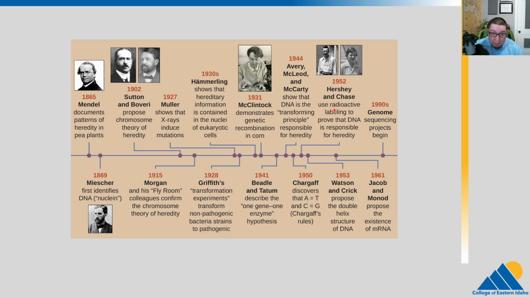Hershey and Chase figuring out, yes, DNA is indeed the genetic material, Avery, MacLeod, and McCarty were right. And Watson and Crick proposing their structure for the DNA double helix. We're not going to talk about this one, but again, Micro 250. And then the sequencing of the human genome in the 1990s. So it's taken a long time, and we're still working out what this all means. All right, let's finish with a review question.